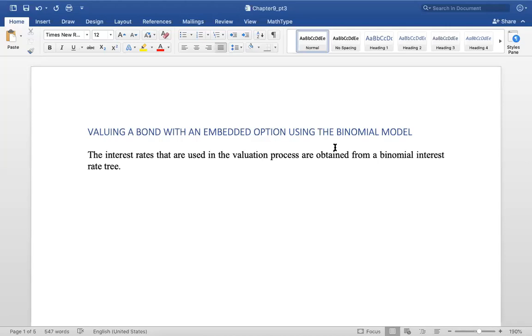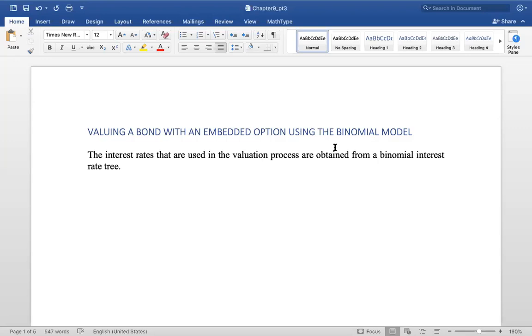The interest rates used in the valuation process for this binomial model are obtained from a binomial interest rate tree. Once we allow for the embedded option, consideration must be given to interest rate volatility.